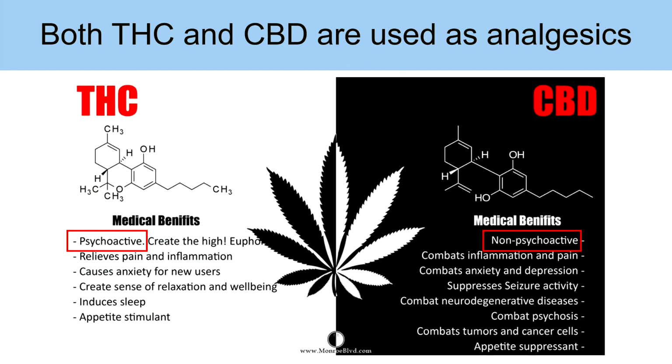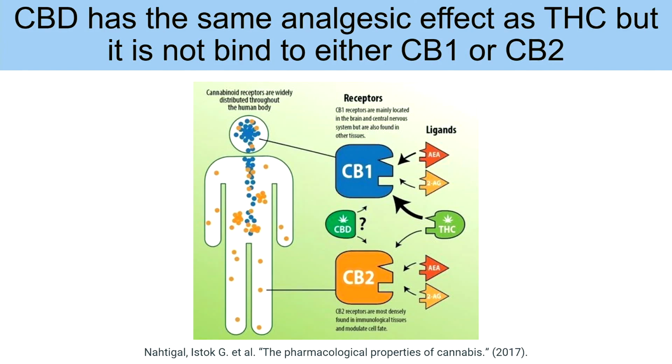But both have very similar analgesic properties, if we don't take the psychoactivity into account. What's more interesting is that, at least for CBD, you have a very low affinity to CB1 and CB2, and we cannot actually talk about CBD acting through CB1 and CB2.